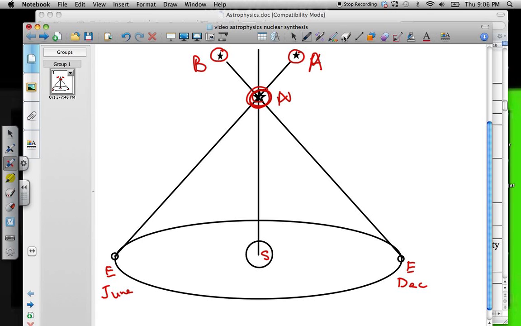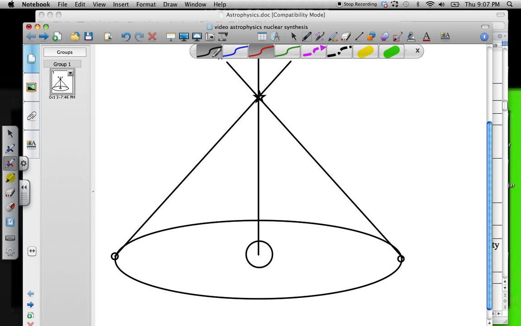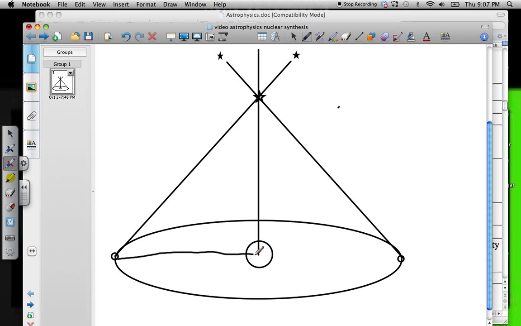So they decided to use this as a way of measuring the distance of these stars. So what they did was, if we take this distance here, the distance from the Earth to the sun, we call that an AU, an astronomical unit, 1 AU.